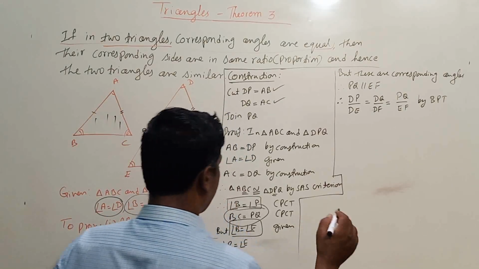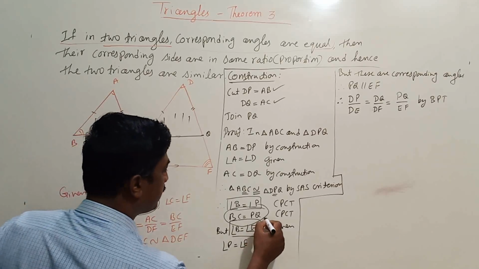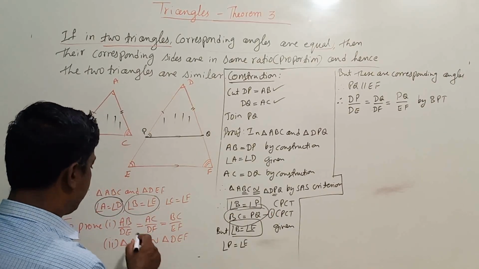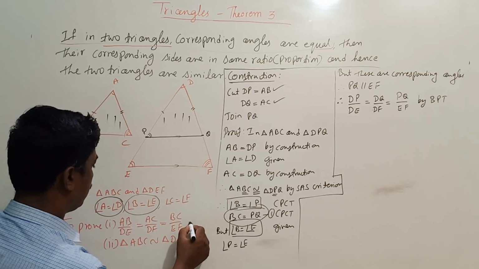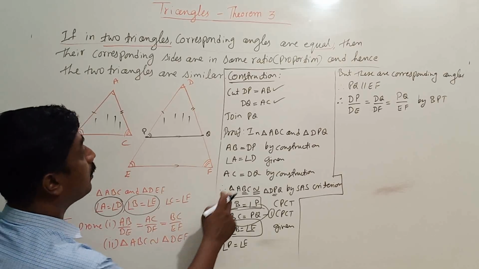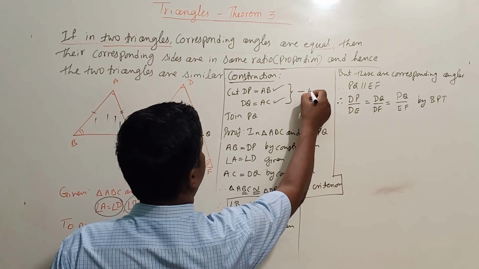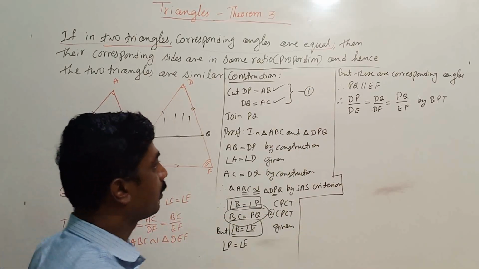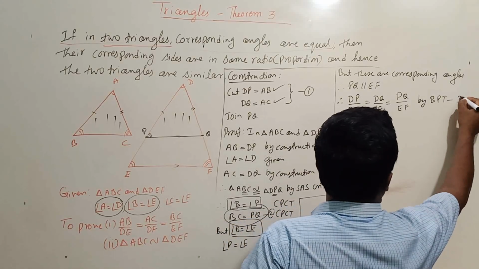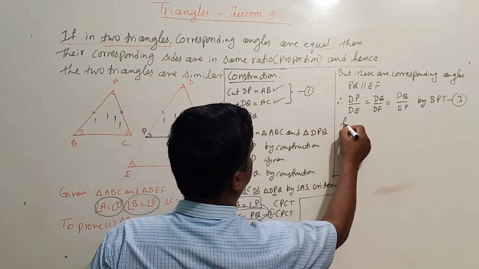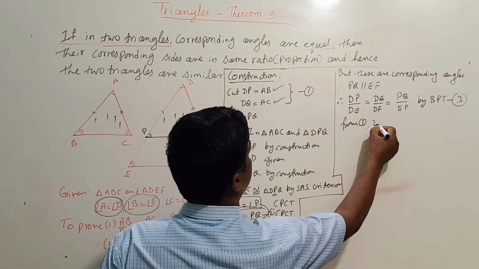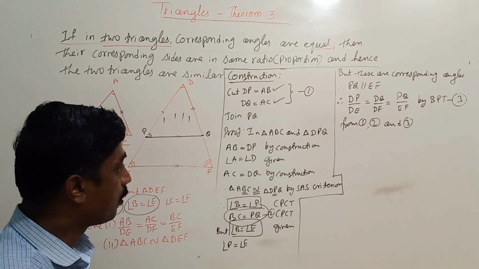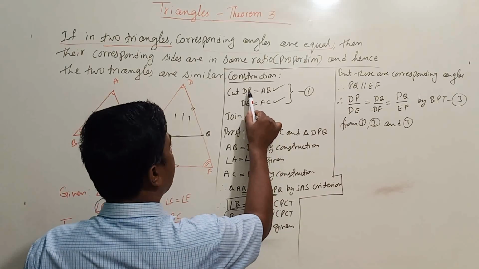All right, so let me proceed. Let me take this here as 1, this one as 1, this one as 2, and this one as 3. So from 1, 2, and 3, what did I get? DP is equal to AB.